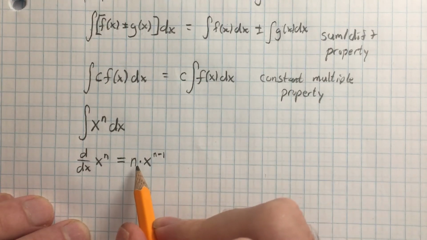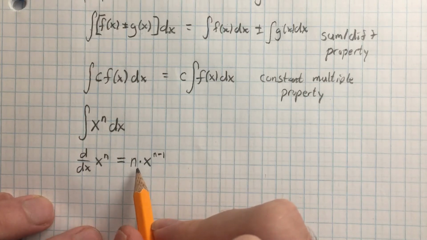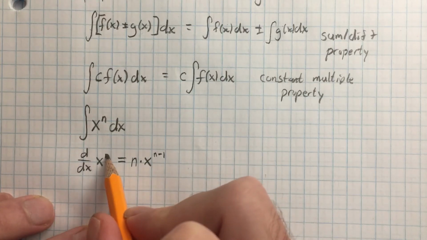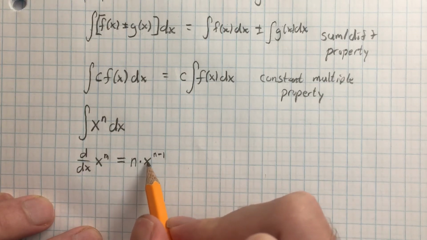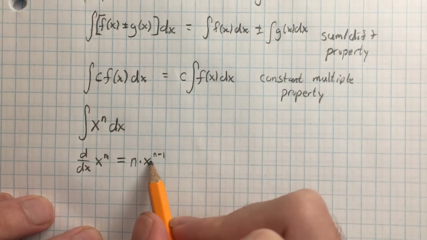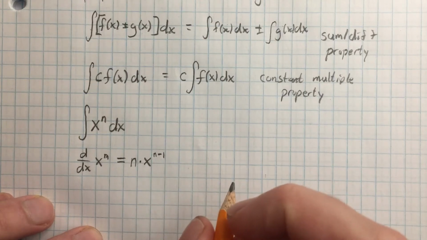So the process is twofold. I take the current power and I multiply it onto the power function, and secondarily, you might say, lower the power by 1.